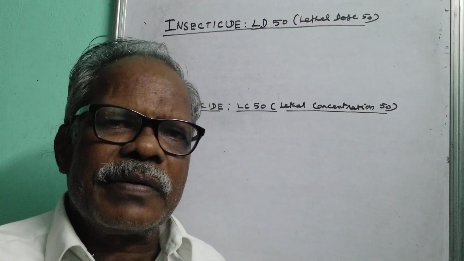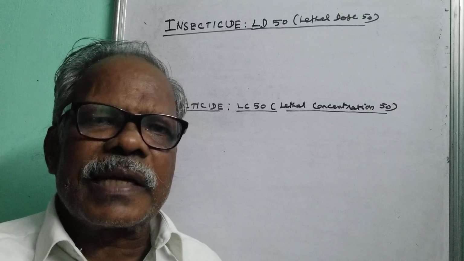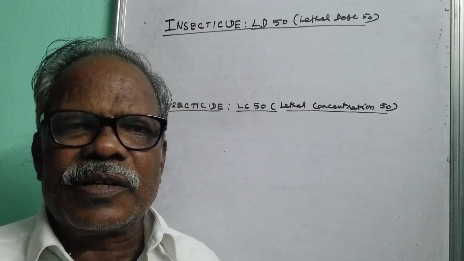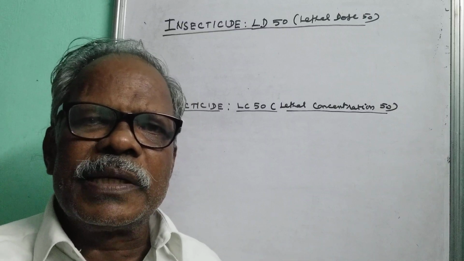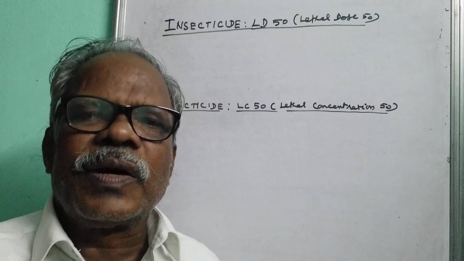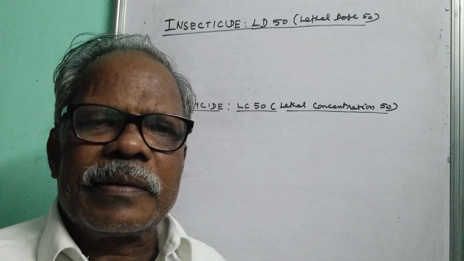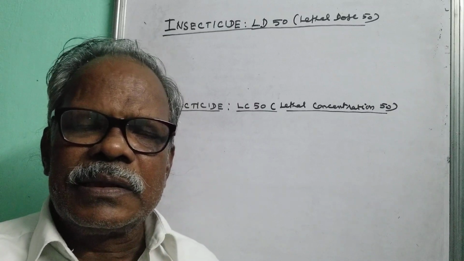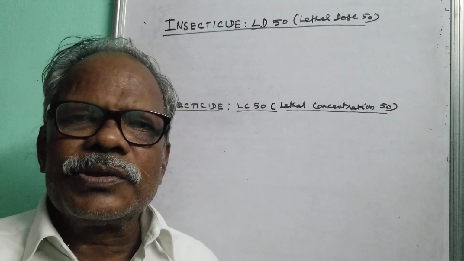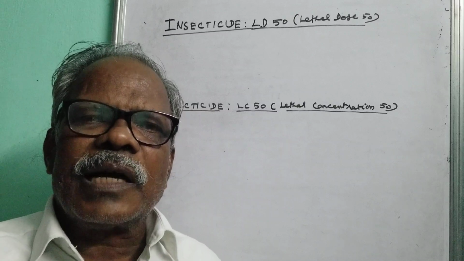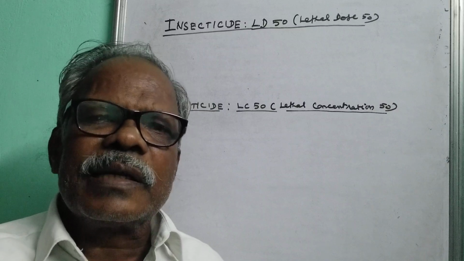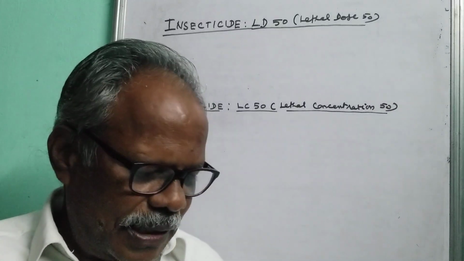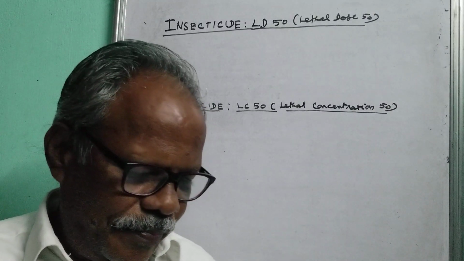Suppose in the case of a human being, the weight of the human body is referred, and how much chemical dose is to be given for killing a bacteria, like that. So LD50 means how much active ingredient is given in a chemical.